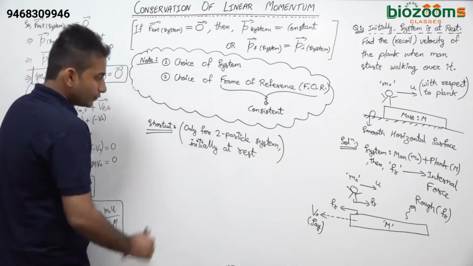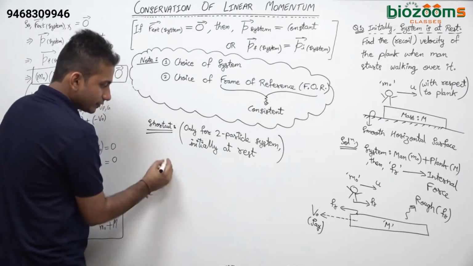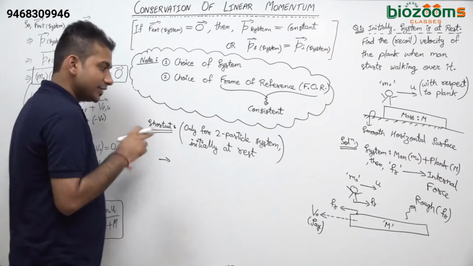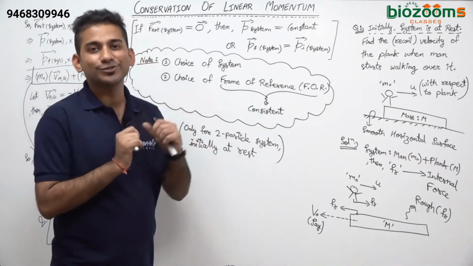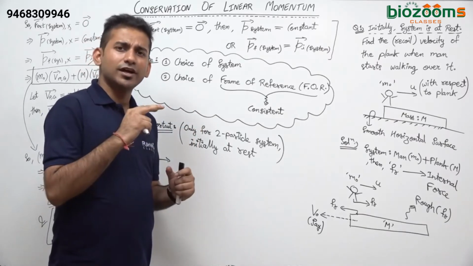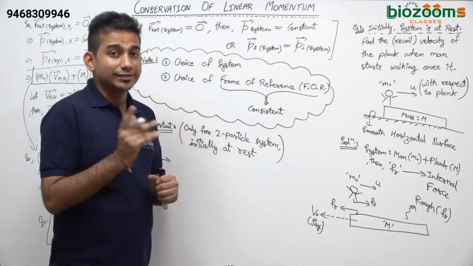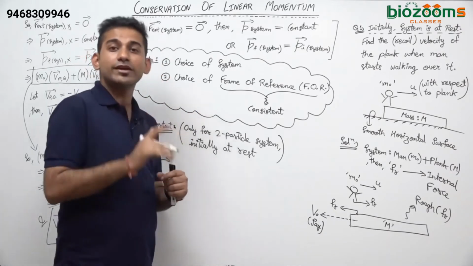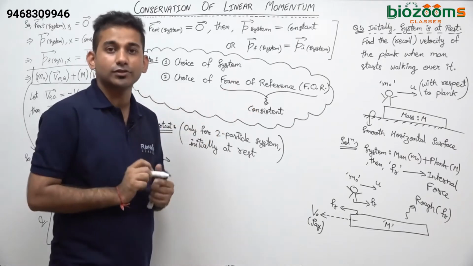Fine. So the first thing we can say is that initially the system is at rest, which means both particles of the two-particle system must be at individual rest. Now one starts moving over the other with a certain relative velocity, let's call it u relative. Then absolutely one will be moving in the forward direction and the other in the backward direction.